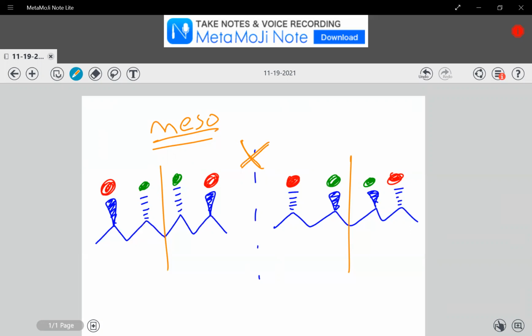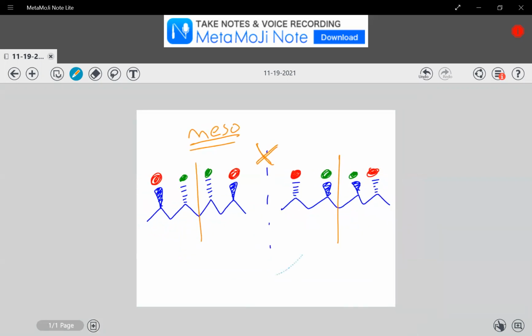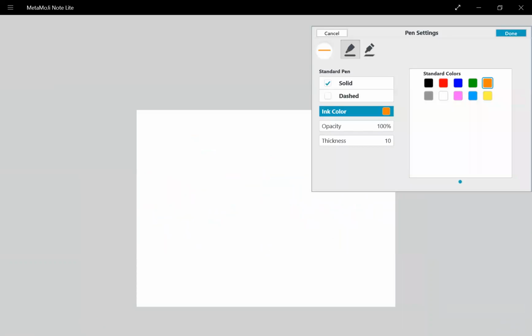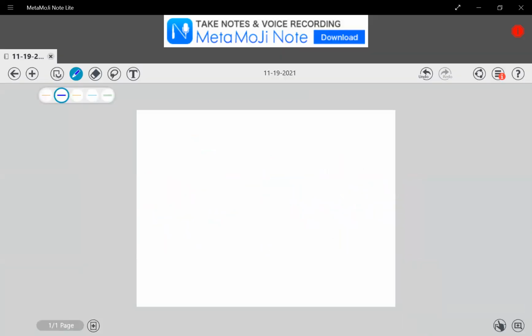Now, a final thing that we're going to do here is try and bring everything together. Maybe just keep the meso to the side for a bit.